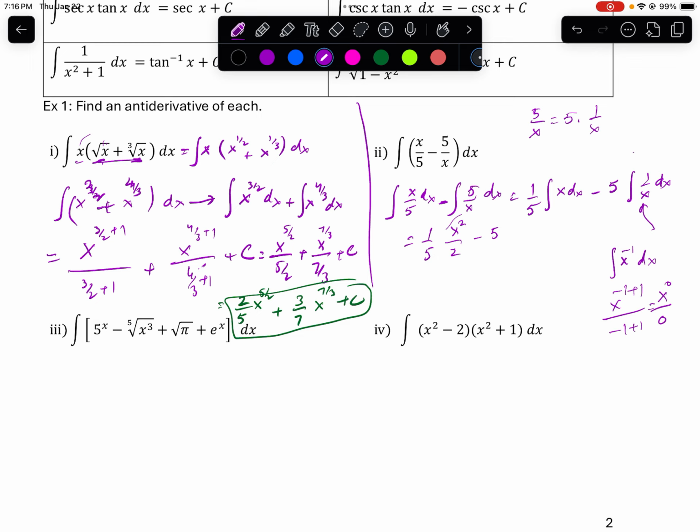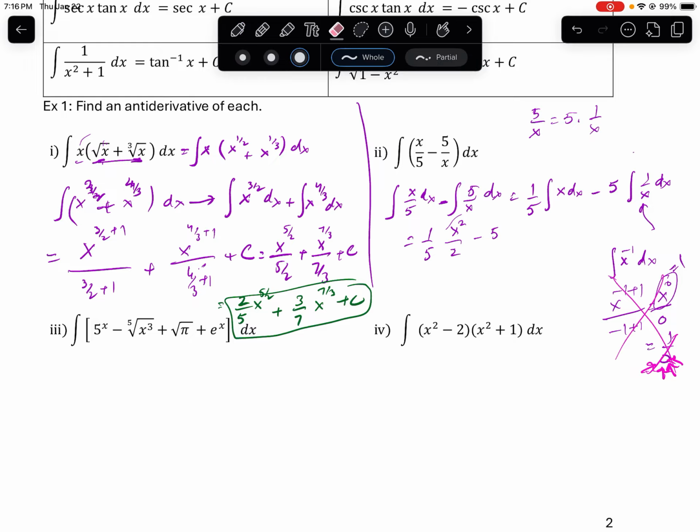What is the problem here? x to the 0 is just 1, so we get 1 over 0. Red lights should start flashing there. 0 in the bottom? No way. So this is not correct. This is not how you will do the second integral.